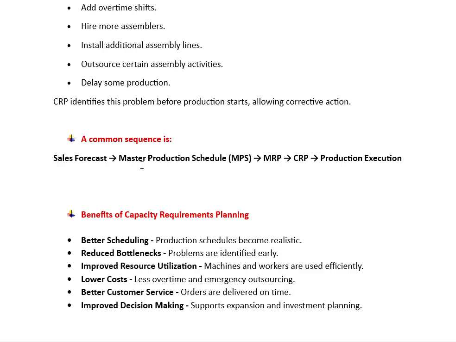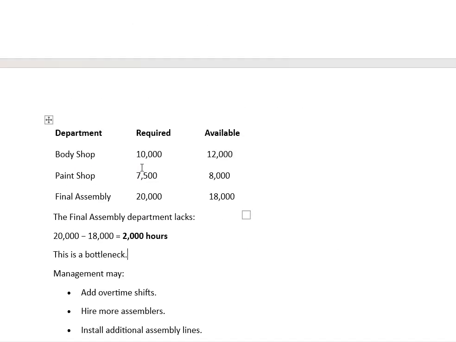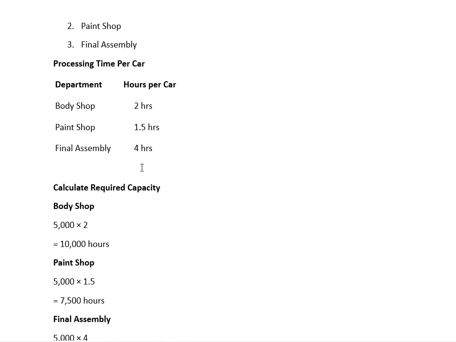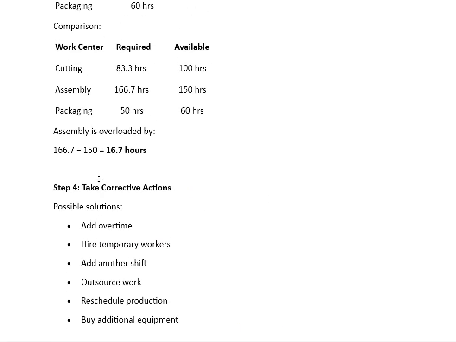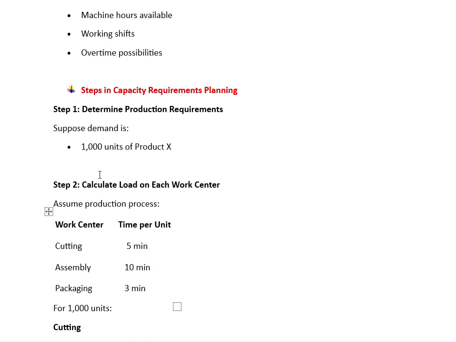This is a common sequence. This is the step-by-step process for a real-life example, which I took here as Toyota Motor Corporation producing 500 cars next month. These are the four steps in CRP.